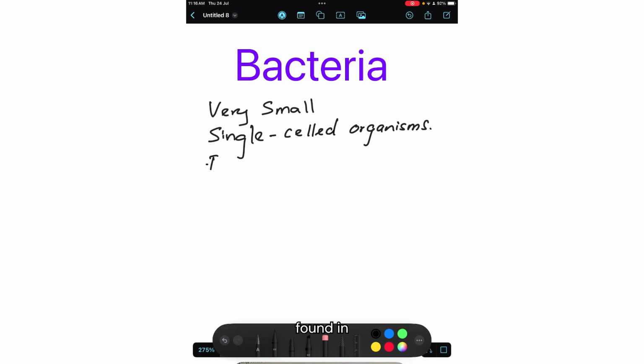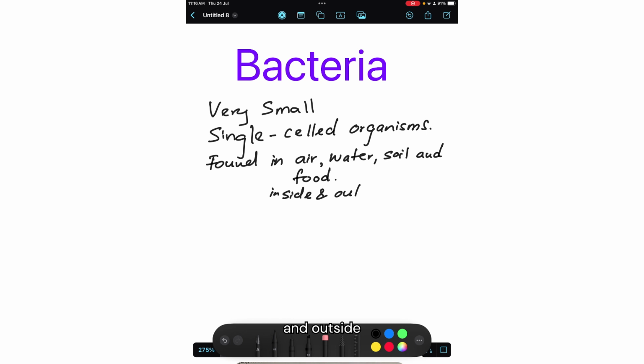We can find them in air, water, soil, and food. And also we can find these bacteria inside and outside of all living organisms.